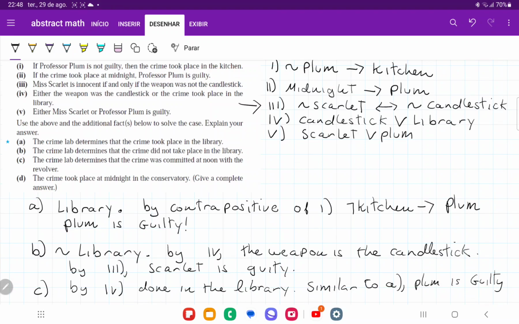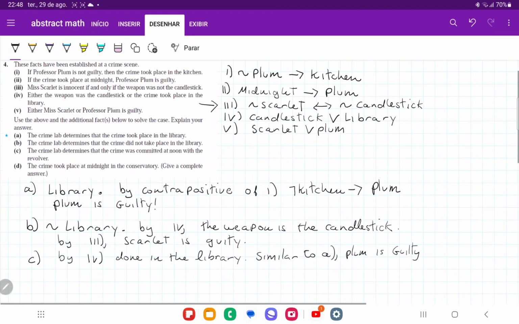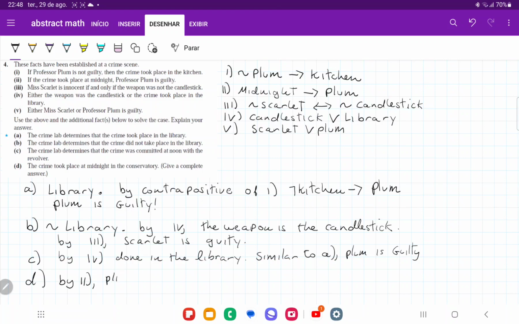Okay. And now let's do item D, the last one. For item D, we have that it took place at midnight in the conservatory. So if it took place at midnight, by item 2, it was Plum who did it, because if midnight, then Plum. So by item 2, Plum is guilty.